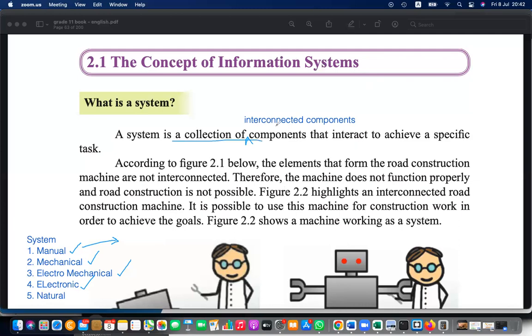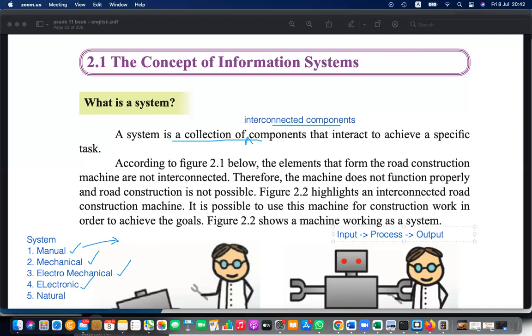A system is a collection of interconnected components that work together, and there are different systems. Any system will take input. That is a compulsory component of a system, and it will be processed. The intention of any system is to produce an output.